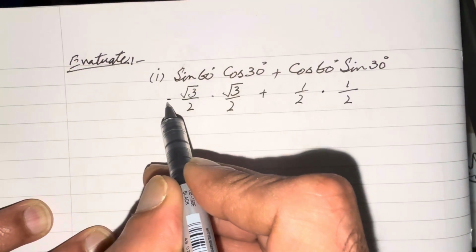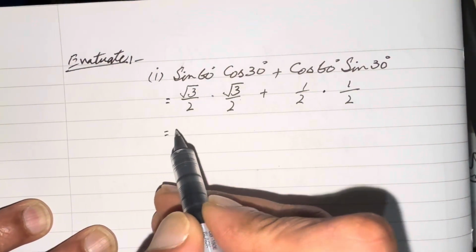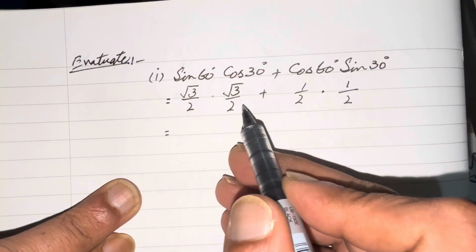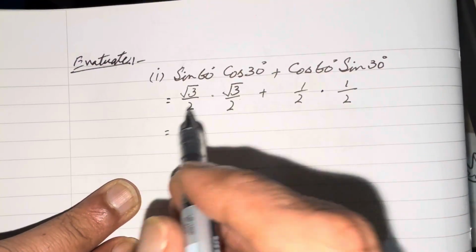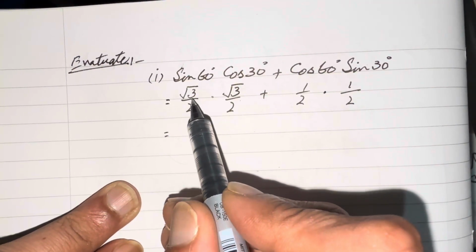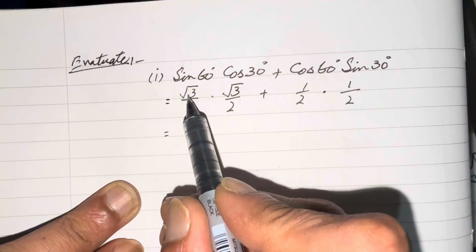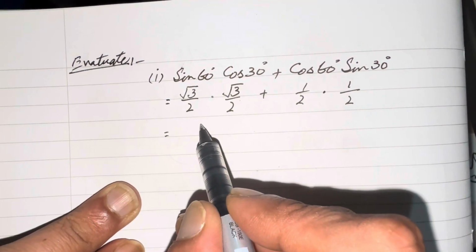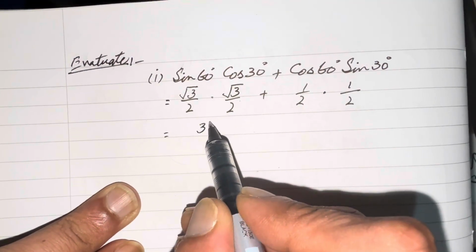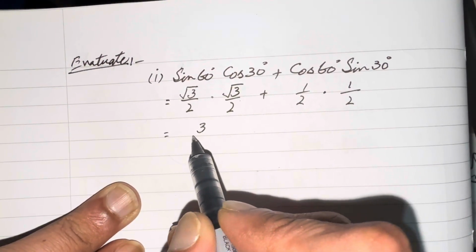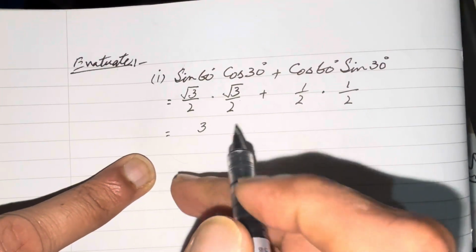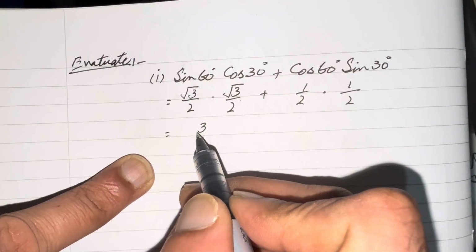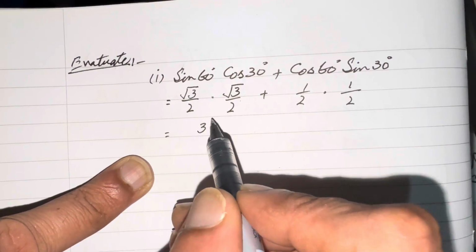Then we will have to simplify these values by multiplying and adding with each other. So now you will have to multiply these two. Under root 3 multiplied with under root 3 will become 3, or if we do some more simplification, you can write these two values in the same under root.